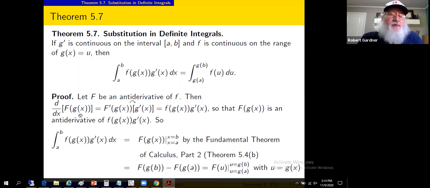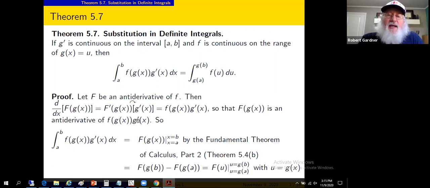Differentiate this composition. We'll differentiate the outer function, the capital F function, so we'll get F prime, rewrite the inner function, g(x), times the derivative of that inner function, which is g'(x). Chain rule right there. Told you we're using the chain rule backwards. And by the way, if capital F is an antiderivative of lowercase f, then capital F prime is lowercase f.